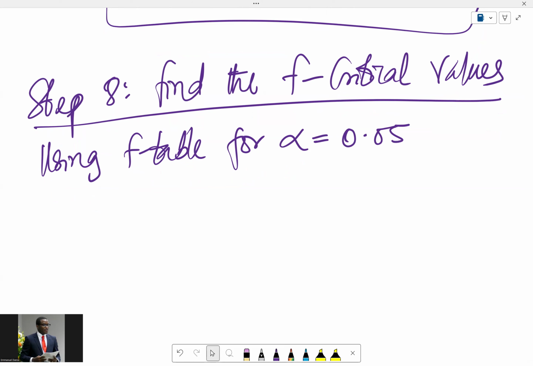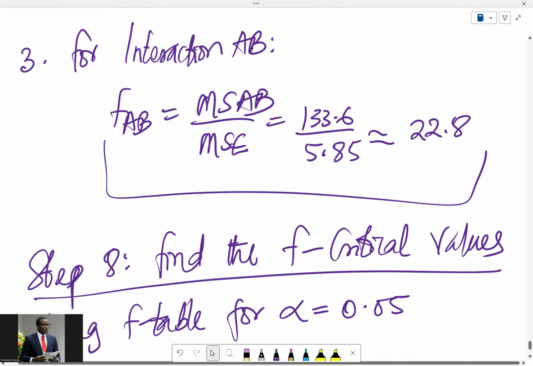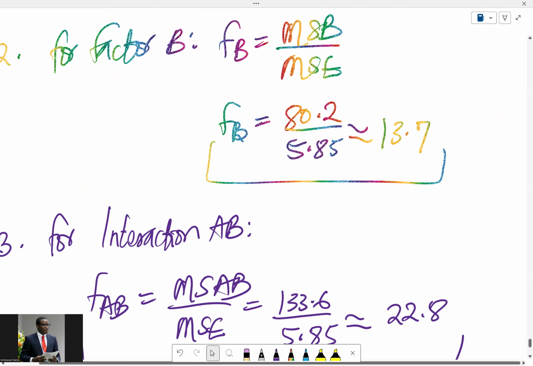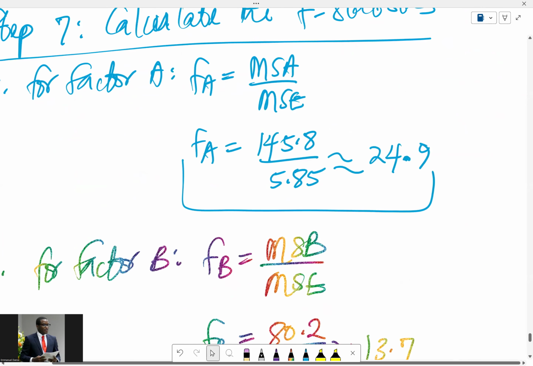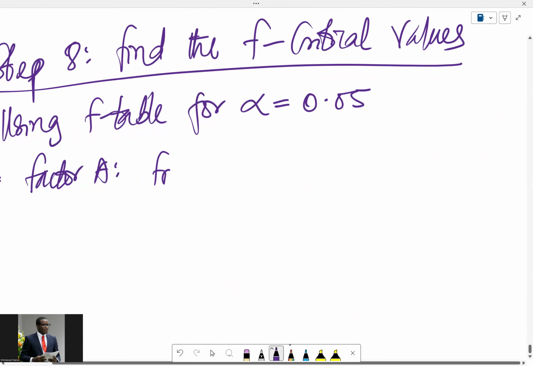To interpret, we compare the F values to critical values from the F distribution using a significance level, often 0.05. We start with factor A. We already got FA to be 24.9.